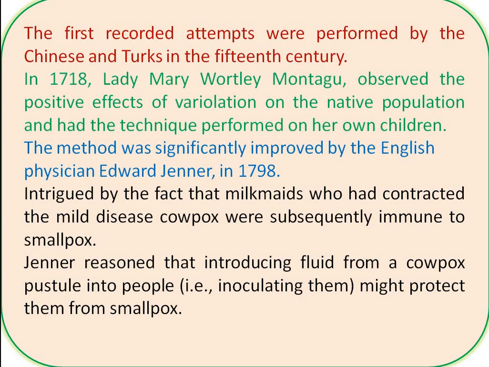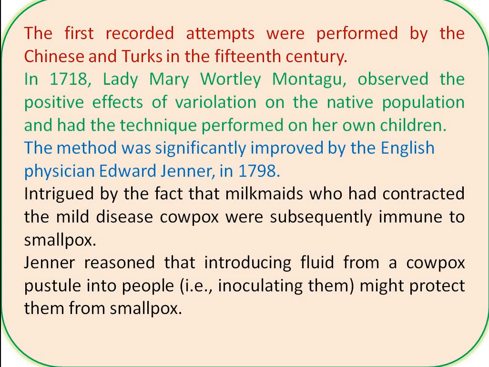Lady Mary Wortley Montagu observed the positive effect of variolation on the native population and had the technique performed on her own children. The method was significantly improved by the English physician Edward Jenner in 1798.